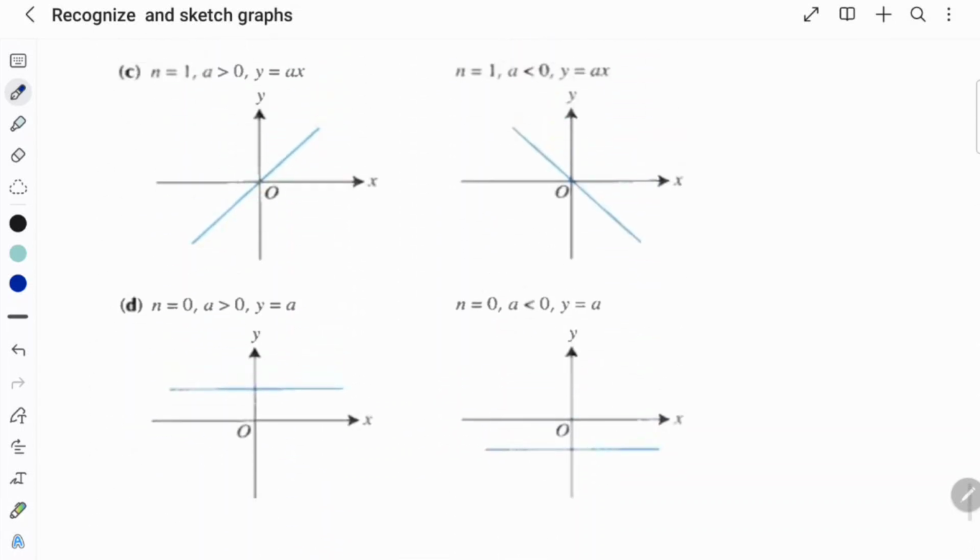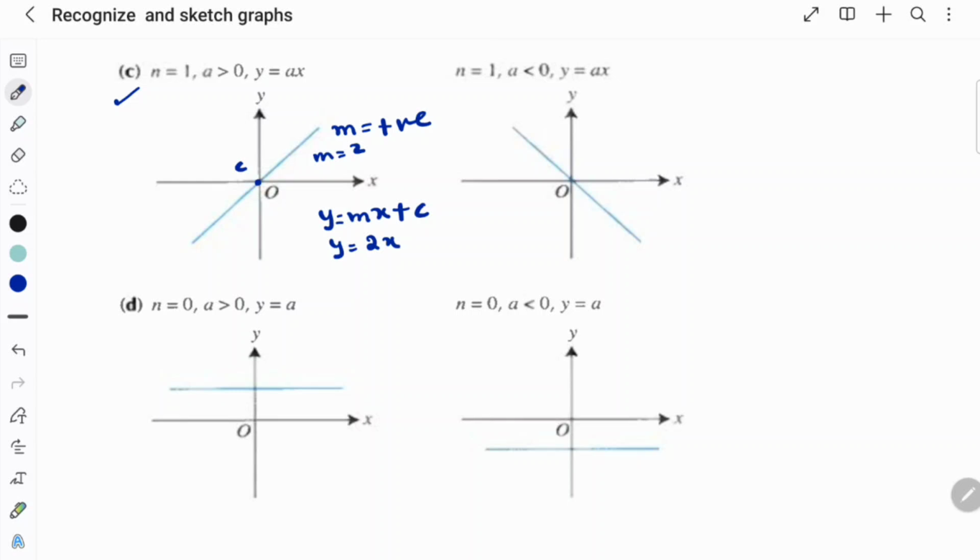First of all, start with the linear one. Whenever the gradient is positive, and wherever the graph intersects the y-axis, that is c. So the equation will be y equals mx plus c. For example, if its gradient is 2 and it is intersecting at 0, then y equals 2x only.